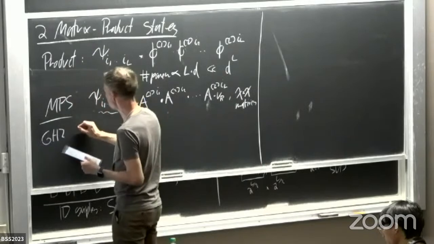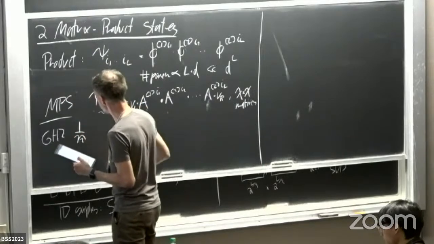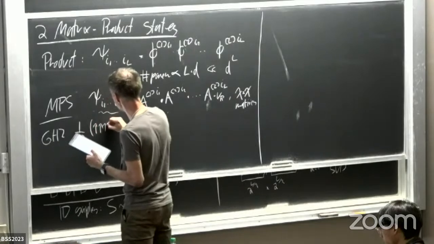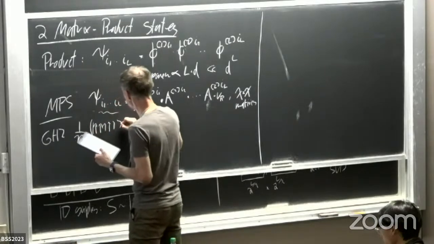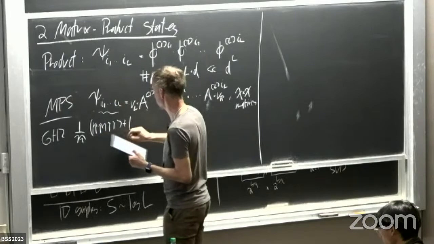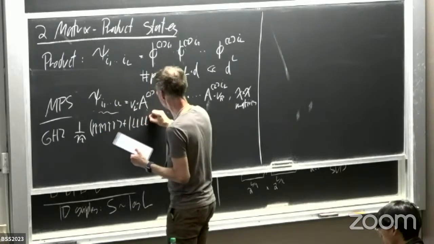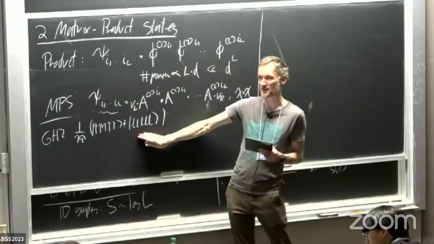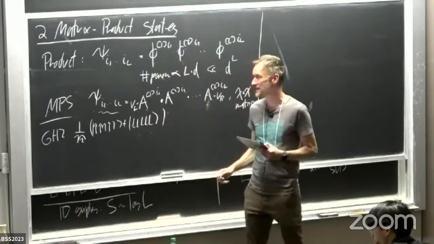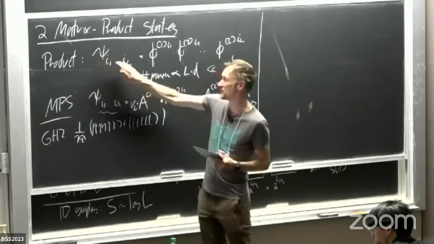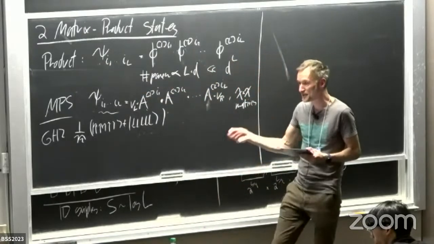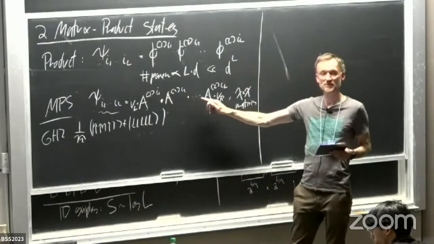The GHZ state would be 1 divided by square root of 2 times all spins up plus all spins down. This is a state which is clearly not a product state. It is an entangled state, so we can't represent it in terms of a simple product state.